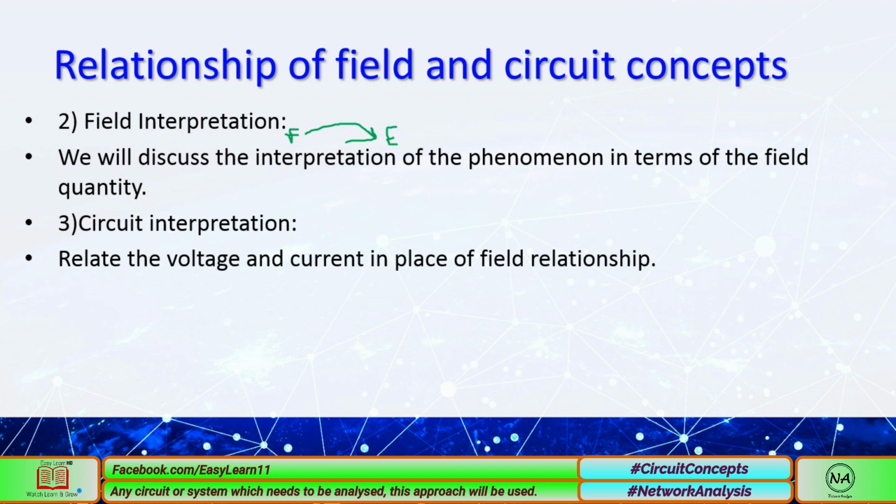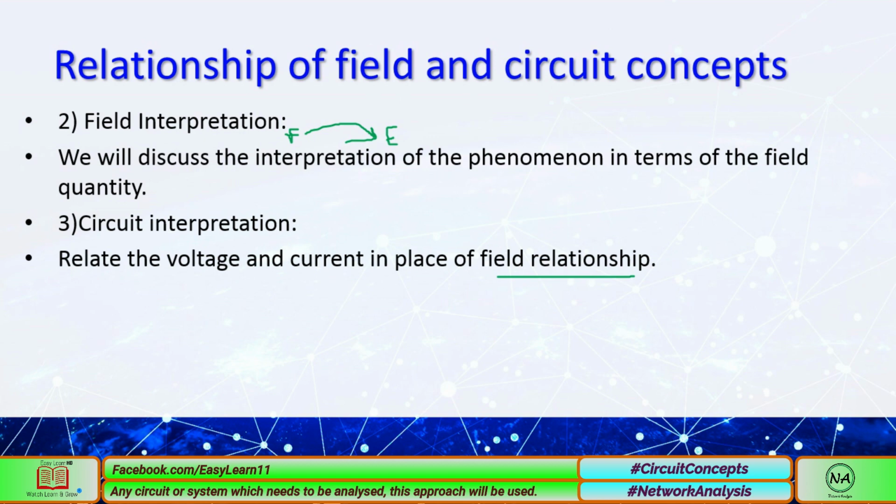And then the final step is the circuit interpretation, which demands more attention because it is a complex portion. Circuit interpretation relates the voltage and current in place of the field relationship.